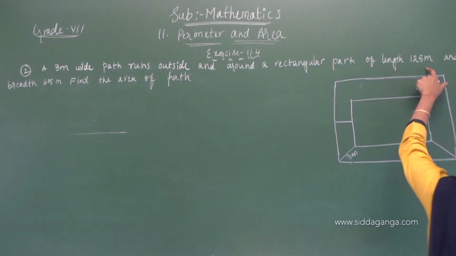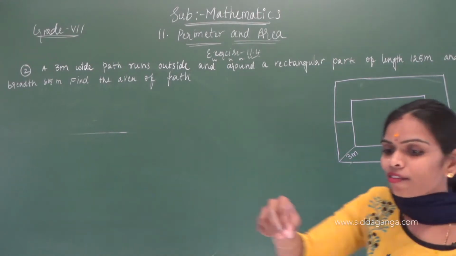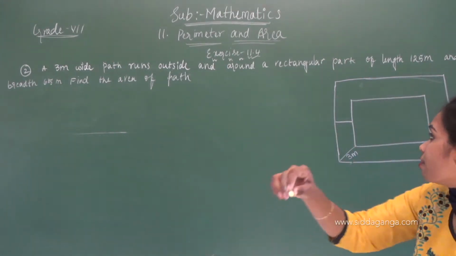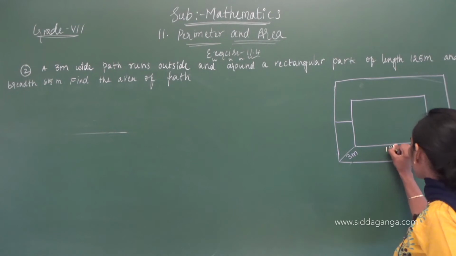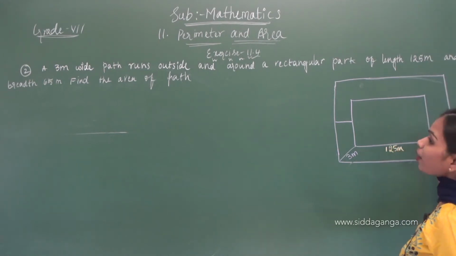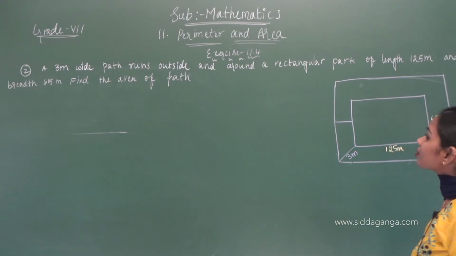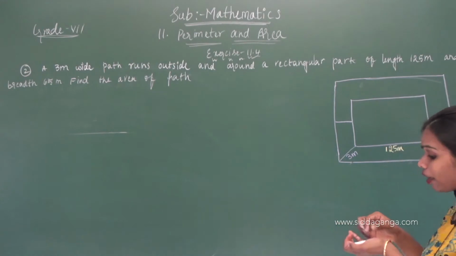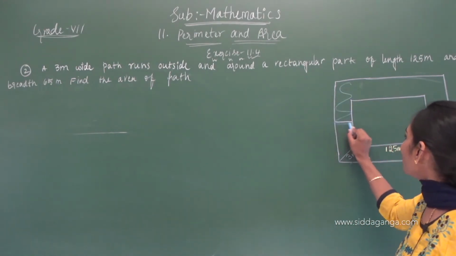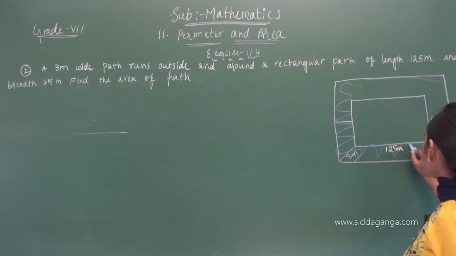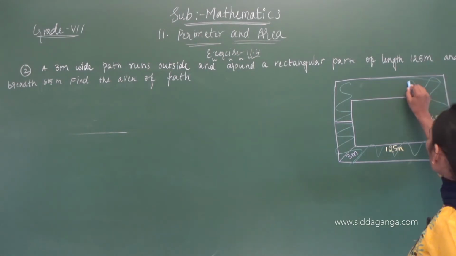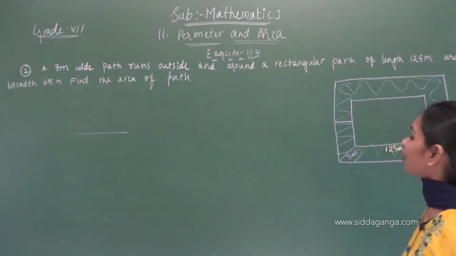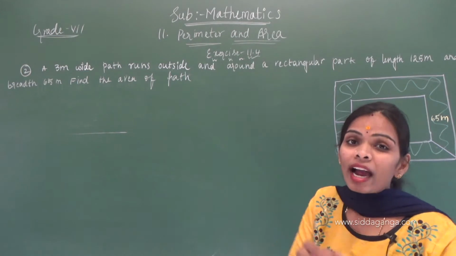The length of the park is 125 meters and the breadth of the park is 65 meters. What do we have to find? We have to find the area of the path that is constructed around a rectangular park of length 125 meters and breadth 65 meters.